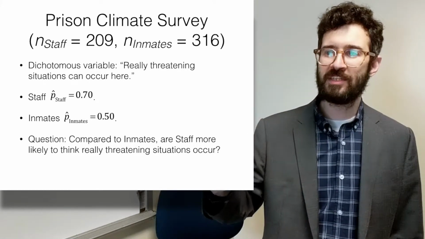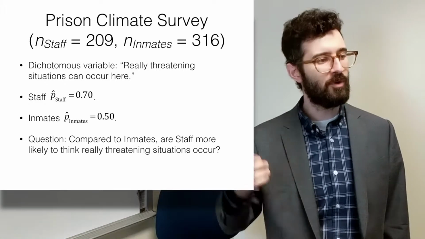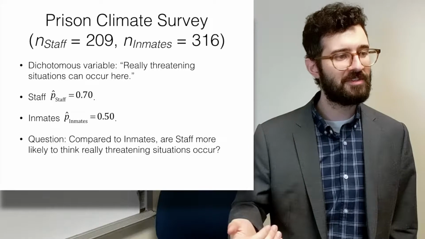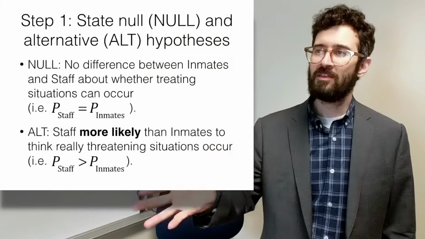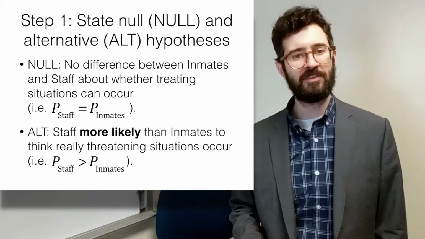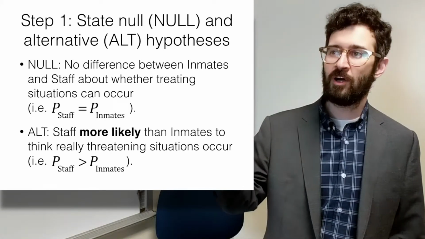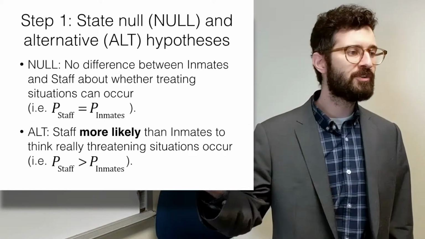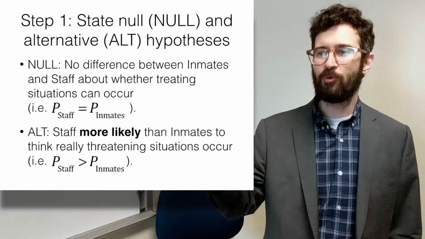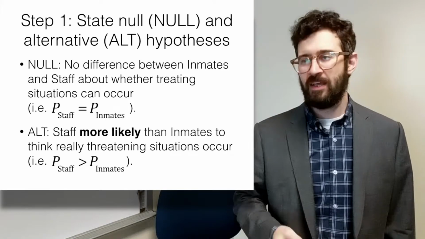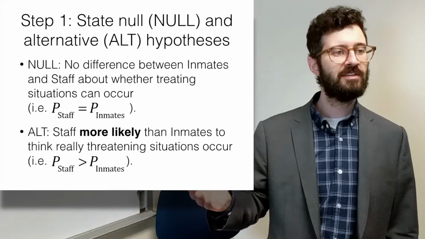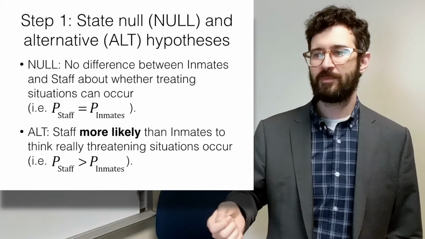To rigorously test this claim, or to assess this pattern, we then conduct a test of hypotheses. This leads me to my first step, where I state my null and my alternative hypotheses. So the null hypothesis is that there's no difference between these two populations, that they are both equally likely to think that their facilities are threatening.